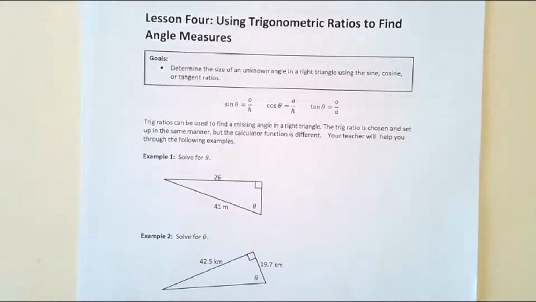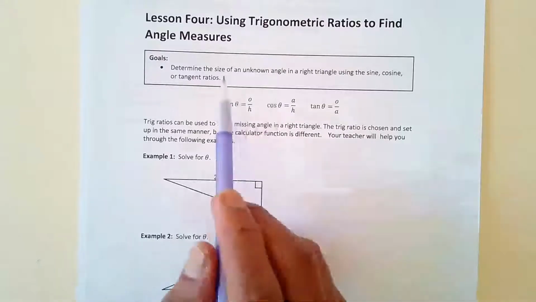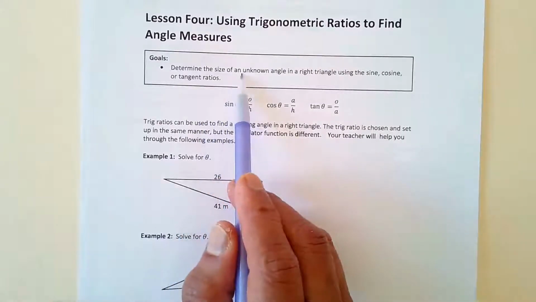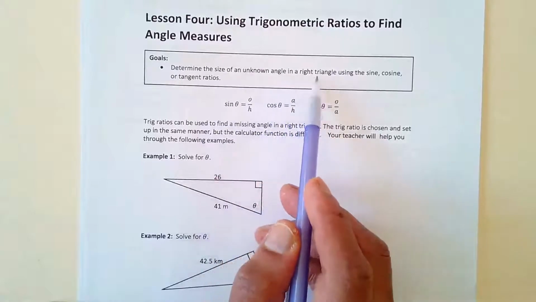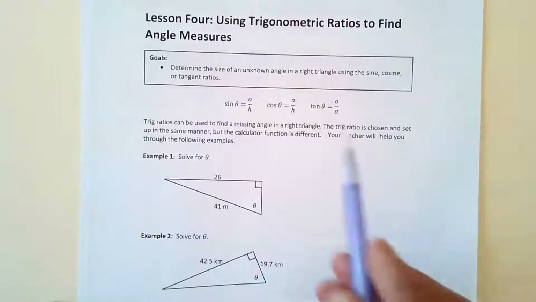Okay, today we're looking at lesson 4, using trig ratios to find angle measures. So the goal is to determine the size of an unknown angle in a right triangle using sine, cosine, or tangent ratios.